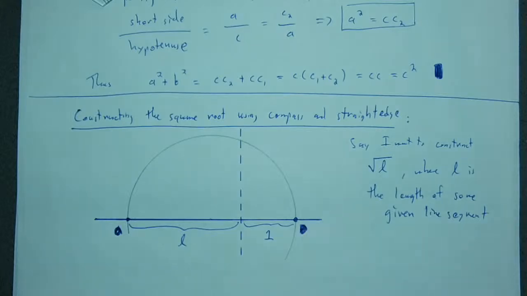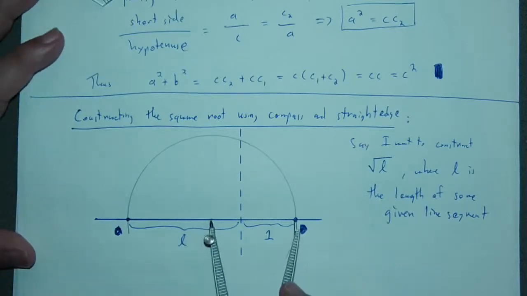Now, once I've extended this part of it, what do I do? I then bisect the segment I get here to find the radius of this circle, where the other endpoint making up this length L is on one end, and the endpoint I've gotten by extending this line unit length is on the other. This is a diameter. Here's the radius.